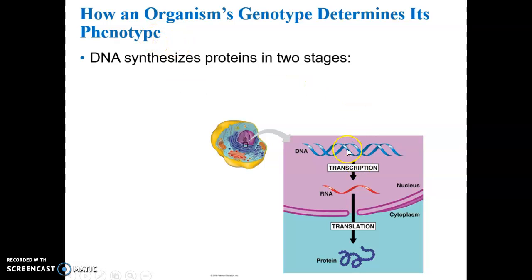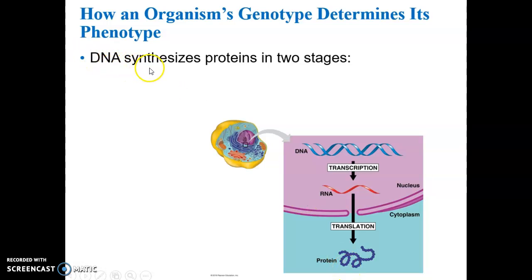So the overall process of the genotype becoming the phenotype, we're talking about the expression of genes or alleles that will become proteins. Polypeptides, remember, long chains of amino acids that get modified and become the functional protein.